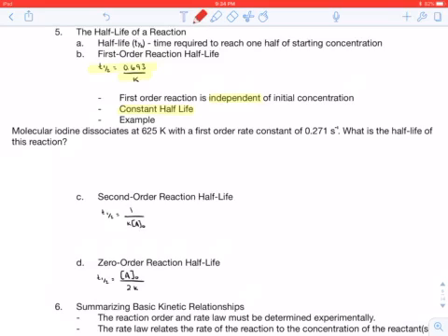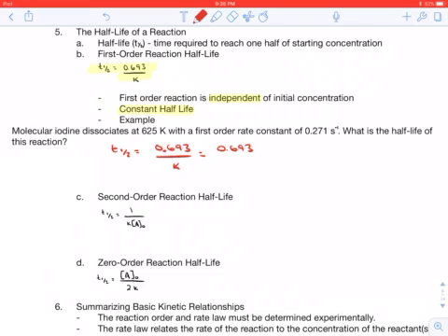So let's see if we can't just do a plug-and-chug problem here. Molecular iodine dissociates at 625 K with a first-order rate constant of 0.271 seconds to the negative 1. What is the half-life of this reaction? So here's our formula, T1/2 equals 0.693 over K. And all we need is our rate constant, which is given to us in the problem.